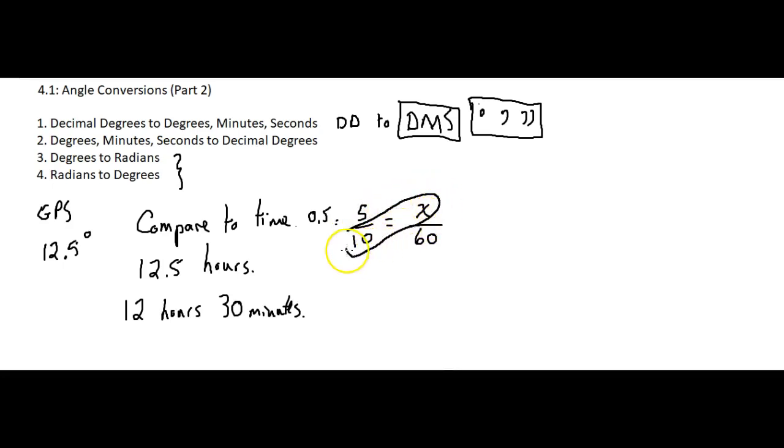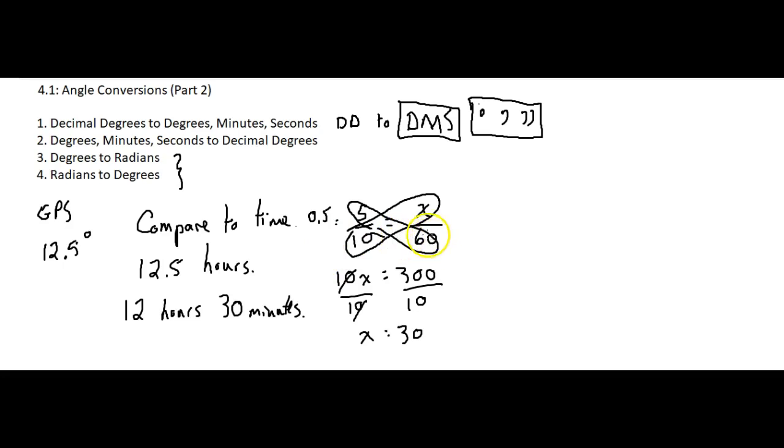We solve the proportion, set cross products equal to each other. 10x is equal to the other cross product, 5 times 60, 300. Divide by 10 to isolate x. That makes our 10s go away. And we get 30.